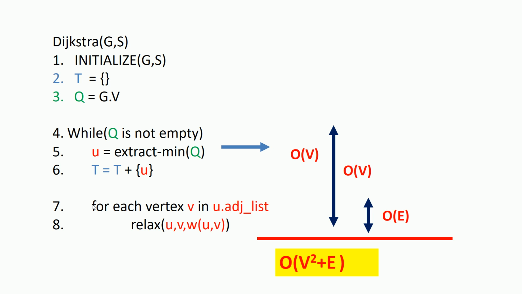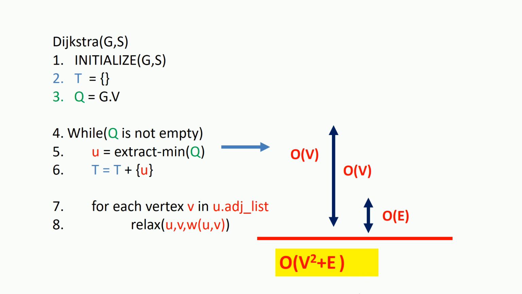So if you consider this while loop, what it does is run through all the vertices, and we are calling the relax function in this for loop, which will run through the adjacency list of a particular vertex. So this outer while loop and for loop together represent a run through each edge in our graph. So the runtime complexity for this implementation will be V squared plus E.